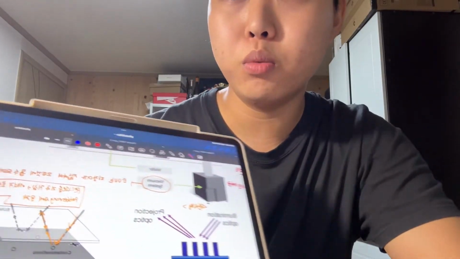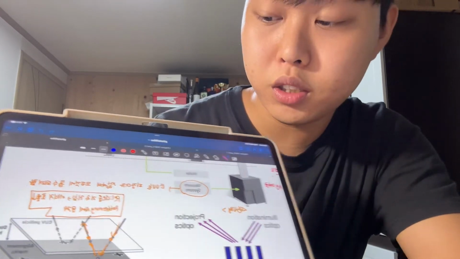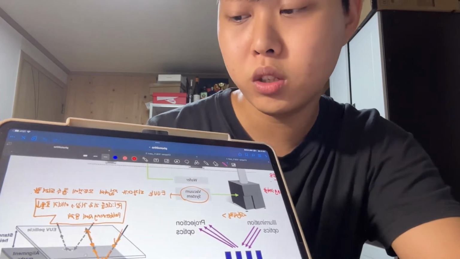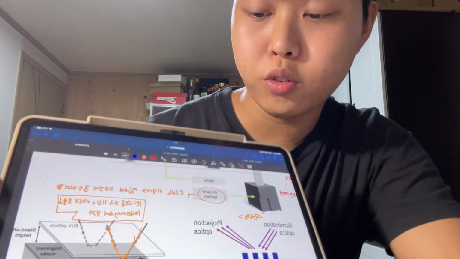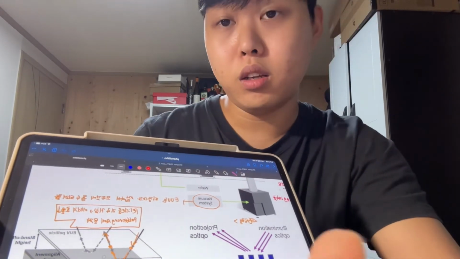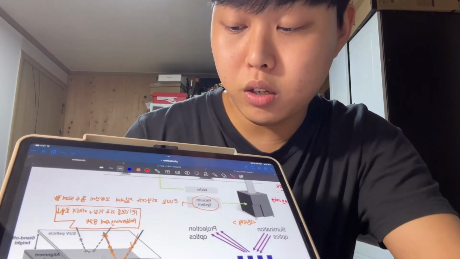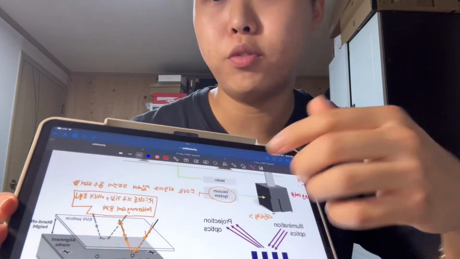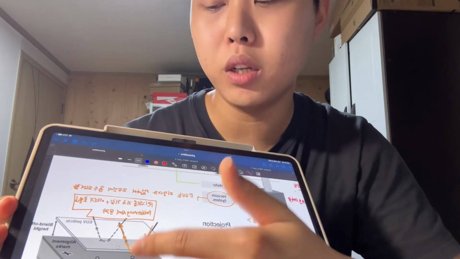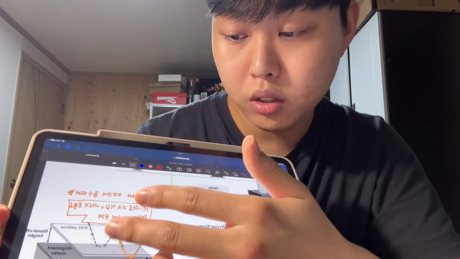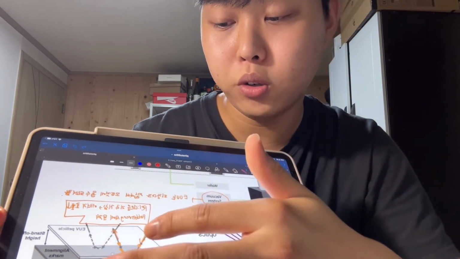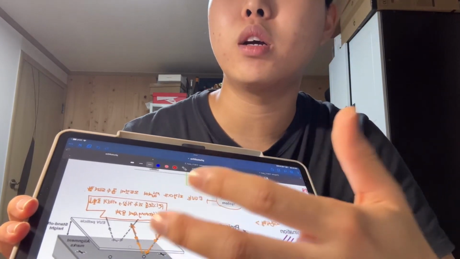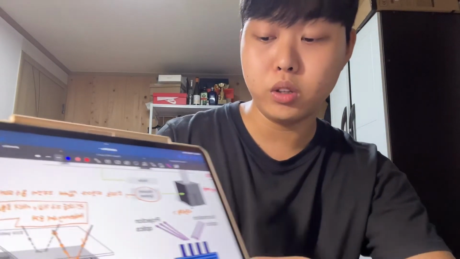There is some problem with the EUV system because the EUV wavelength is very short, so it gets absorbed by everything. Because we go through every pellicle, after we get reflected, we go through the pellicle, and there will be very low energy efficiency. So there will be some problems when we make a pattern on the wafer.